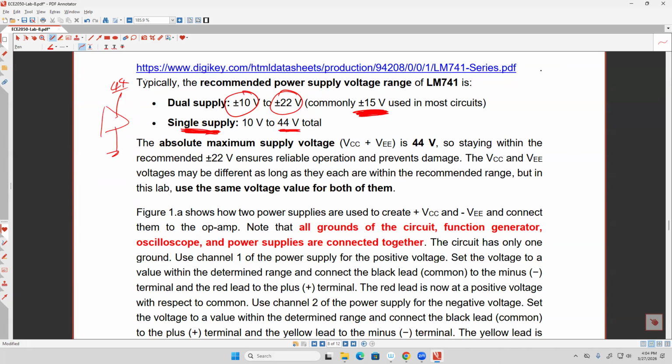It's up to you, but you must be in this range because that's what they are telling us.